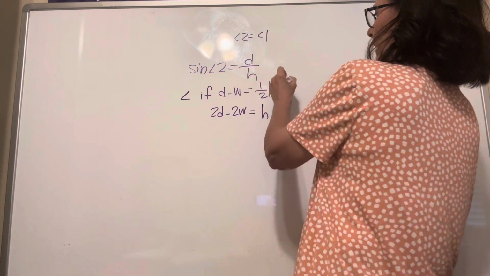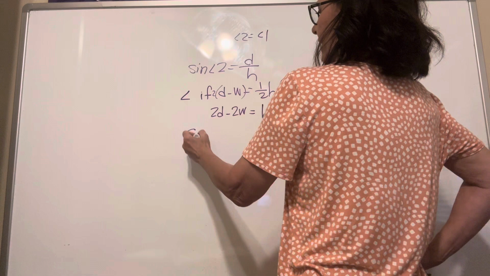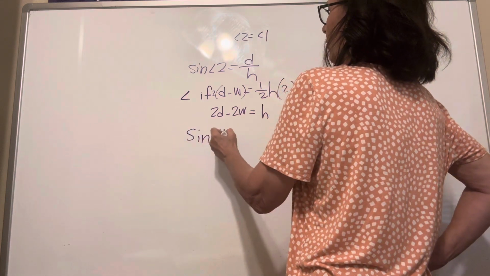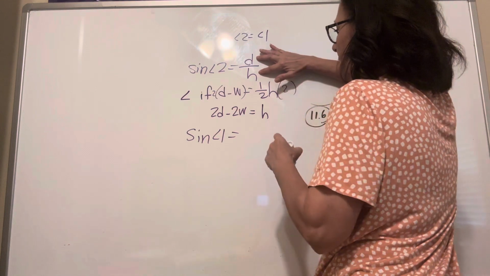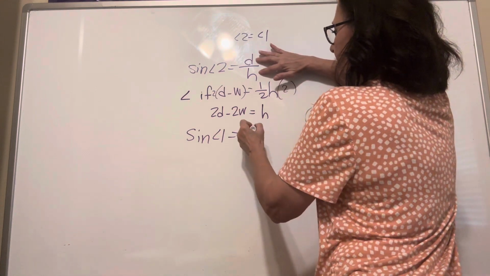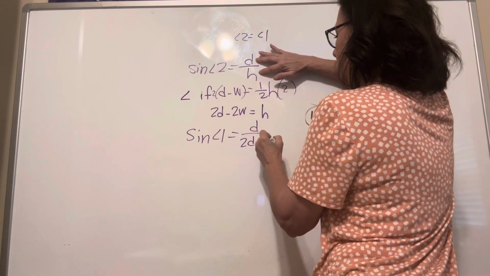I just multiplied both sides by 2 so that we have the sine of angle 1. Since they're equal, the sides have to be the same. So I'm going to leave it D, but for H, I'm going to put 2D minus 2W.